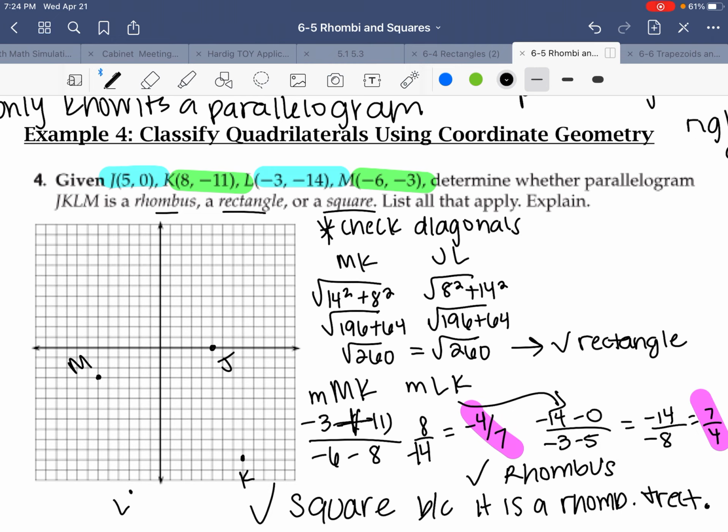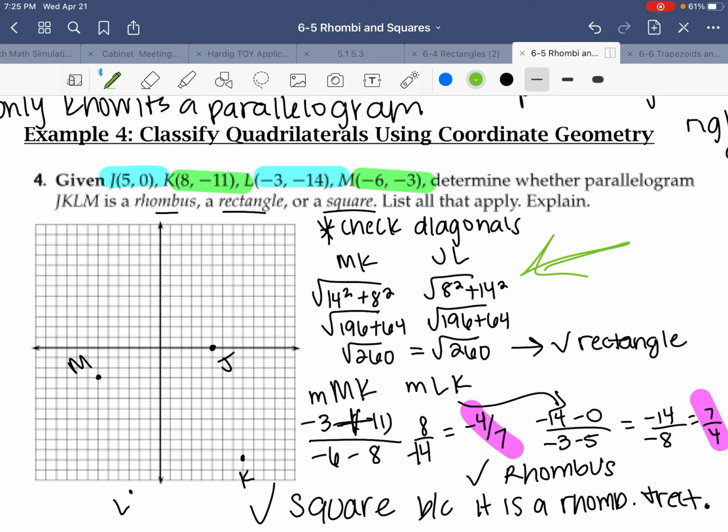All right, you guys, there are 2 questions on the additional side of your notes. The first thing that you're going to do, because those are going to be independent, is you always want to check first to see if your diagonals are congruent, just like we did right here. If your diagonals are not congruent, it will not be a rectangle. Then you need to check to see if it's a rhombus by looking at the slopes of the diagonals to see if they are perpendicular.